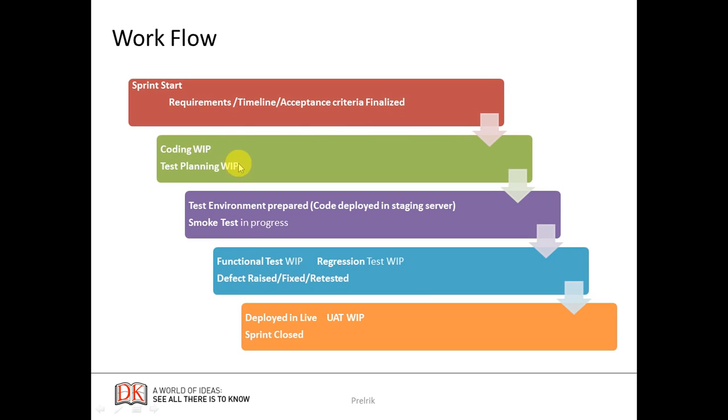Code is WIP, test planning is WIP. Until the coding part is in WIP, the test team plans their work and sets up the test environment, and at the same time the tester performs smoke testing, functional testing, and regression testing in progress. If there is any defect, it will be raised and fixed, and then deployed into live.